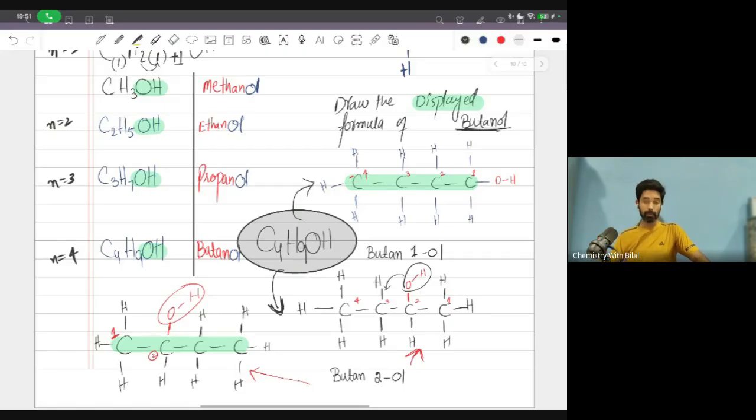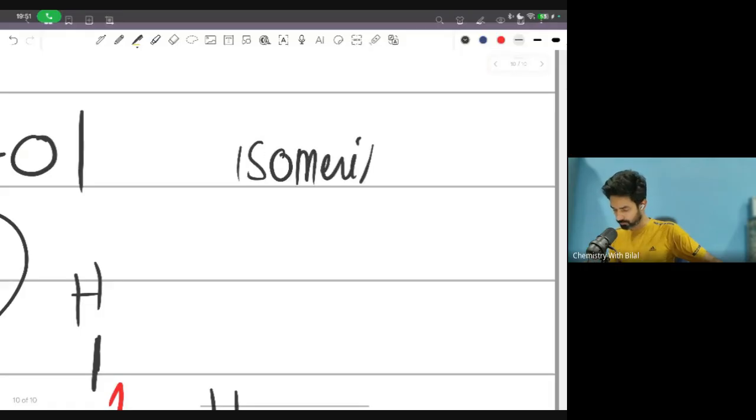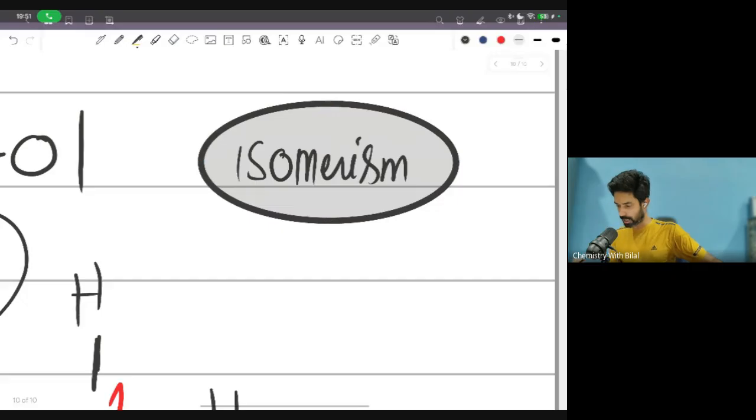They both have 4 carbons, 9 hydrogens separately, and then OH. They both have the same formula, but their structures are different. So they are actually different molecules. And when we have such a phenomenon, we call it isomerism. And these two molecules are isomers of each other.